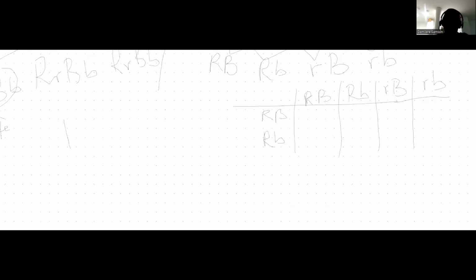So you start your Punnett square all over again. You will notice when you are plotting your table, I think with this you understand what you are going to do. So let me go back to our explanation.